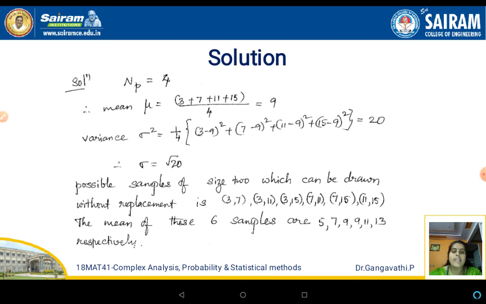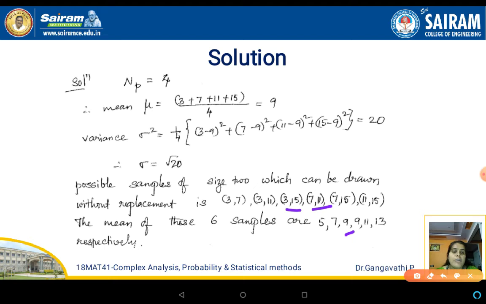In order to find the mean, we add both the elements of the sample and divide by 2. When you add 3 and 7, it is 10, and dividing by 2 gives 5. Similarly, the second sample 3 and 11 gives 14, and dividing by 2 gives 7 as the mean. For 3 and 15, the sum is 18, and dividing by 2 gives 9.